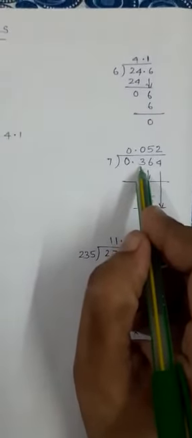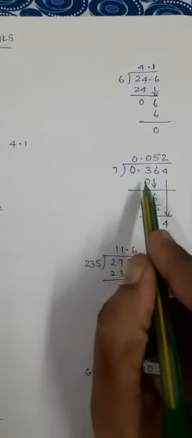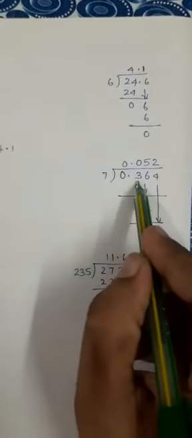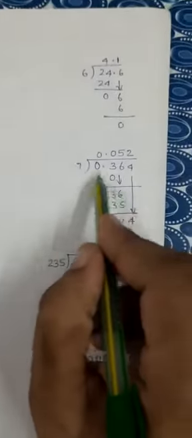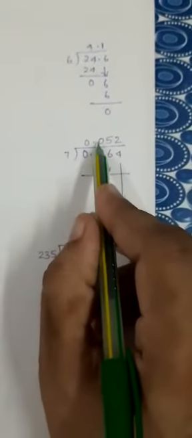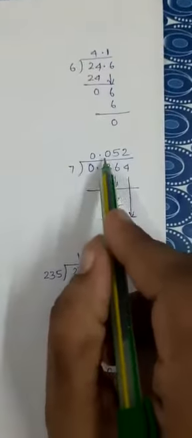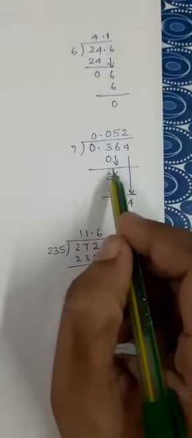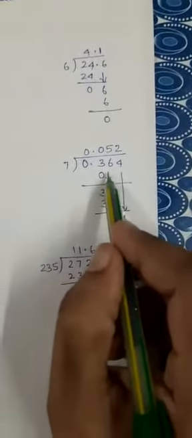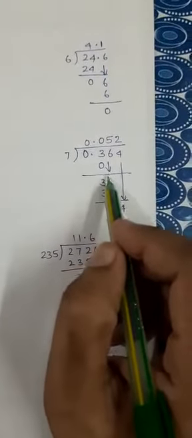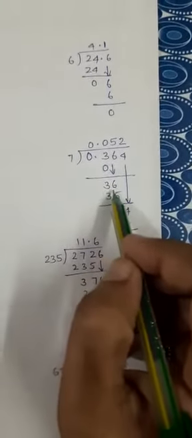Then how many times is 7 contained in 3? 3 is a smaller number, so it is not contained. So put a 0 in the quotient. 0 into 7 is 0. Subtract 3. Then bring down 6. So this number is 36.